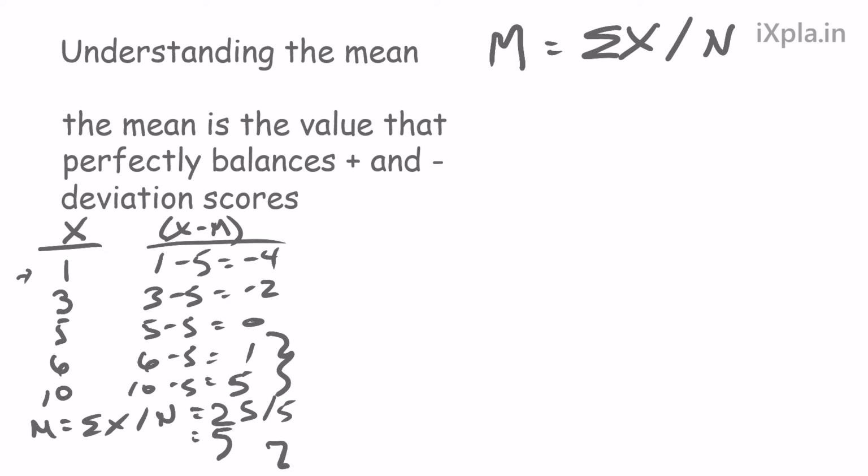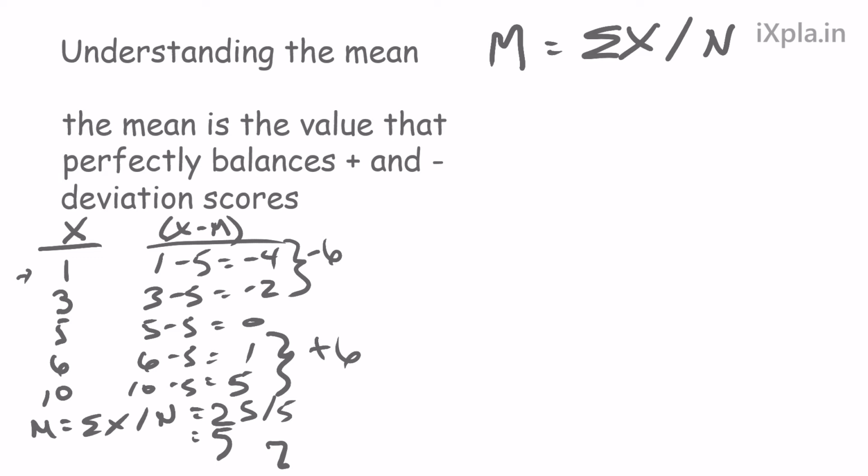If we total them, we have a total positive deviation of +6. Now we look at the negative deviation scores. We have a total negative deviation of -6. Those perfectly balance out. Of course, 0 doesn't figure in because a 0 deviation score isn't positive or negative.